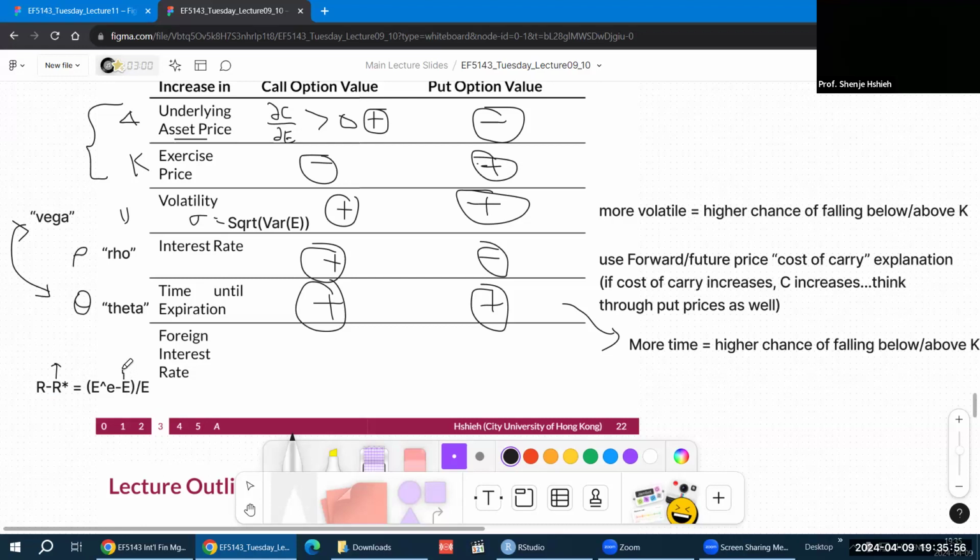So we should expect an increase in E, right? In which our underlying asset is now going to be, sorry, let me see.